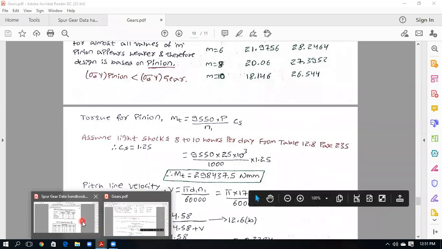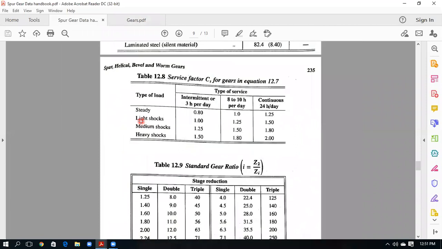Here you can see that it is a light shock, or if in the given data they mention medium shock, according to that you have to take. In the problem he has not mentioned, that's why I have taken light shock. And type of service, it is working for 8 to 10 hours per day. Otherwise, if they mention continuous 24 hours per day, according to that you have to take the CS value, that is the service factor value, from this table.